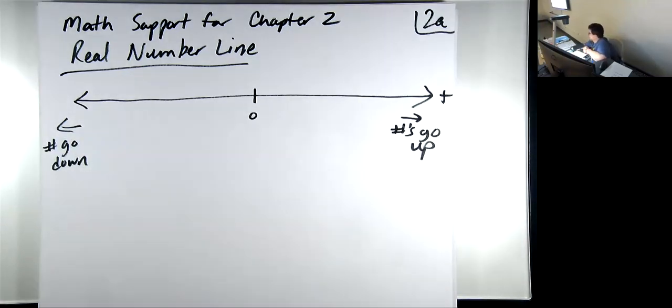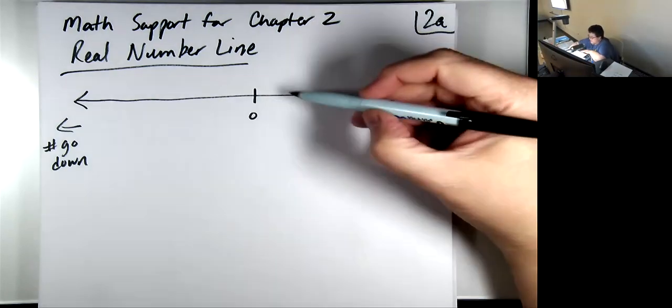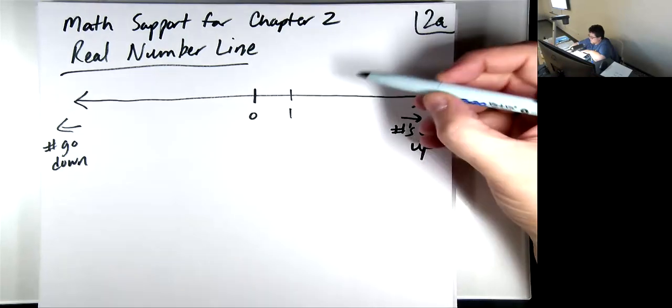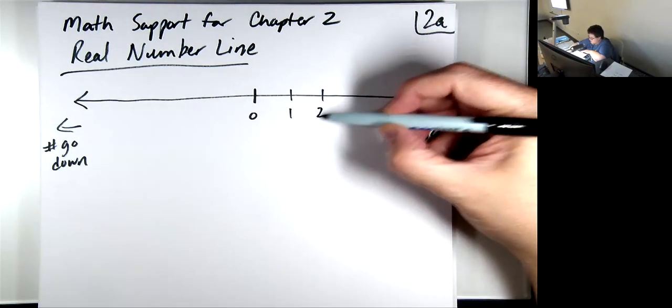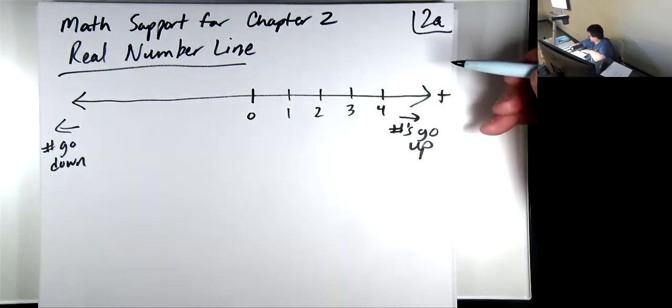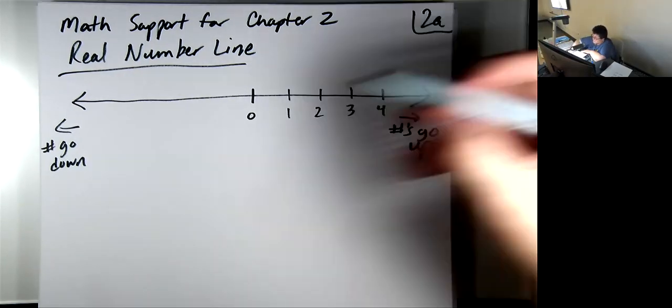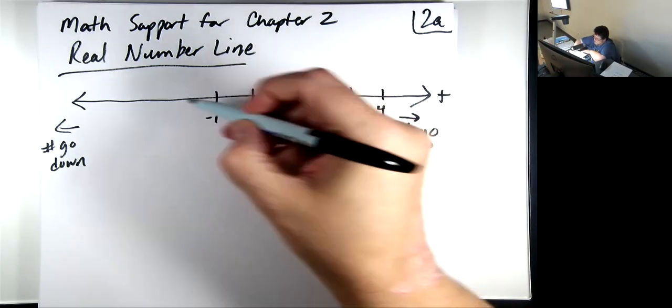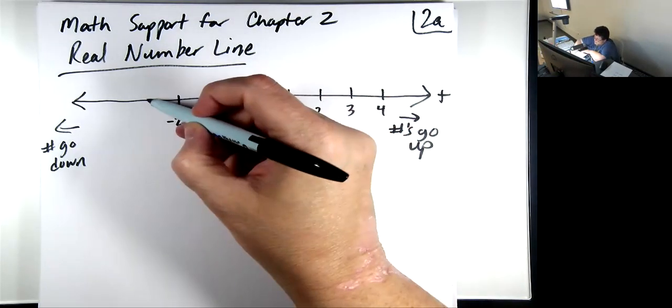This happens from any position on the number line. The next whole number above 0 is 1. Then we got 2, then 3, 4, things like that. We go the other direction, and we have negative numbers.